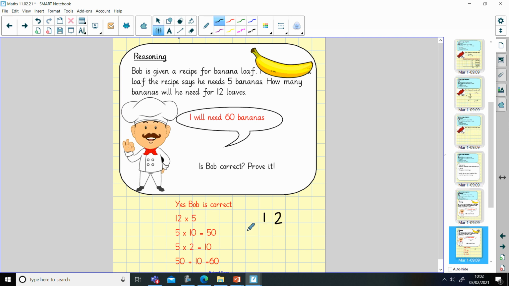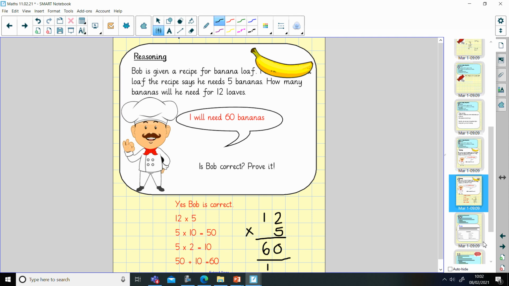So 12 times 5. So 5 times 2 is 10. 5 times 1 is 5, add 1 underneath is 60. Well done if you proved that Bob was correct.